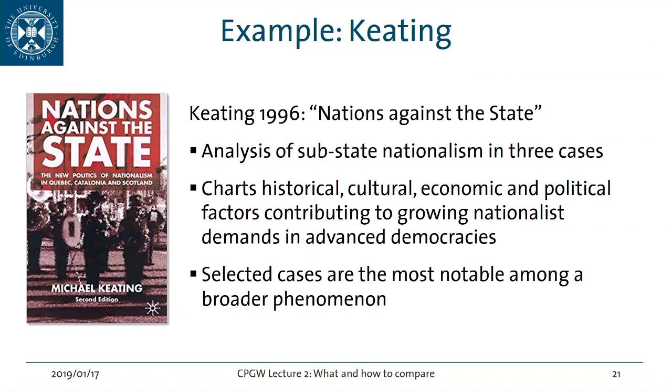And maybe not super surprisingly, he picked cases that were particularly prominent in this regard, meaning where the efforts to actually possibly even split off from the nation state are most advanced. And in his case, he picks Quebec, Catalonia, and Scotland.